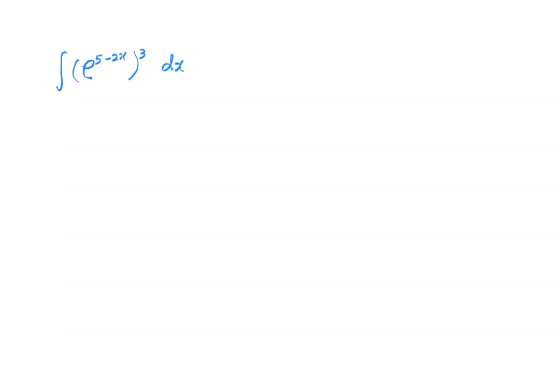Look, for this case, can it be simplified? The answer is yes. I use my indices law: a to the power n, then power m, will be a to the power n times m. So in this case, my power will be 5 minus 2x times 3.